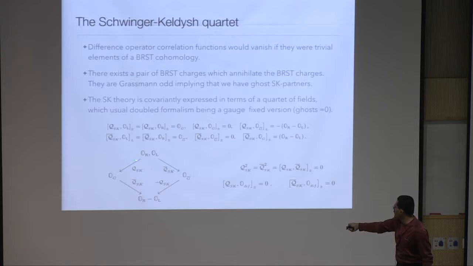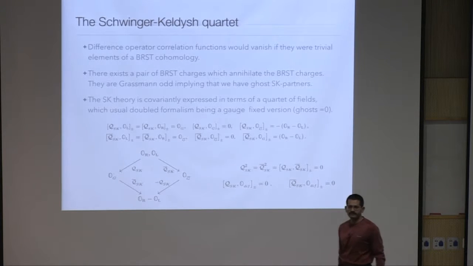So if you have an operator O, let O_G be its Grassmann partner with ghost number +1, and O_G bar its partner with ghost number -1, such that there's a descent relation that takes you from an operator to its ghost partner by acting with a Q, and a second descent relation when you act on it with a Q bar and you go back to the difference operator. And this complex closes. Okay?